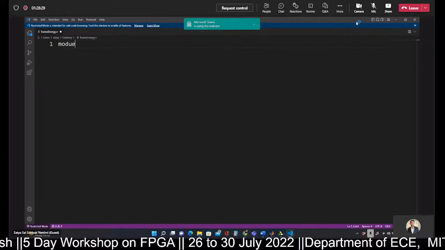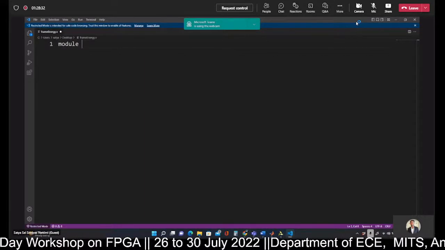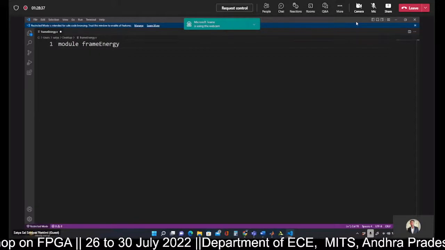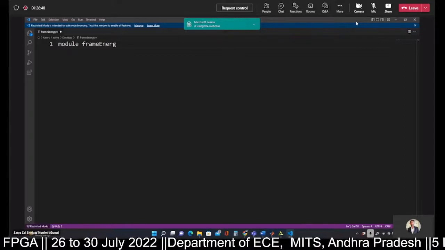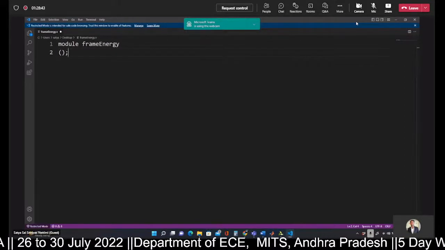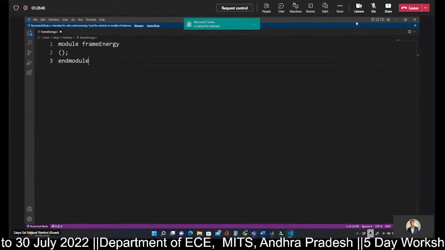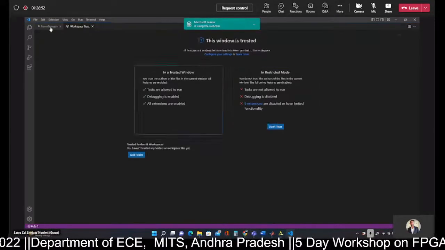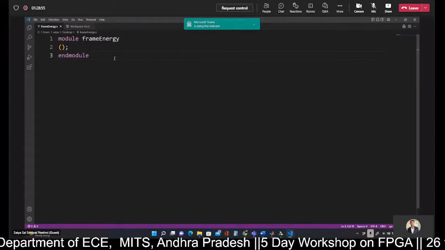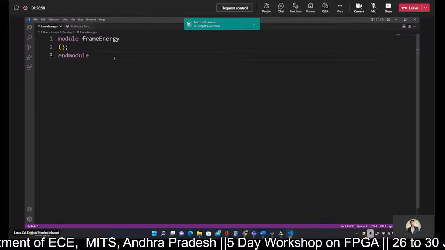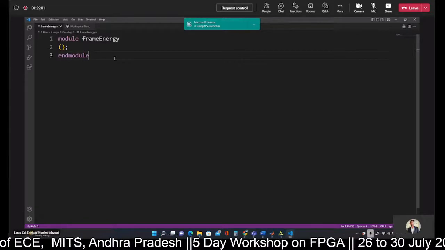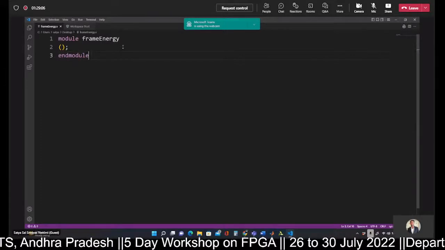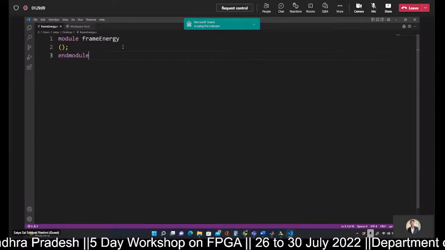For that, I am just opening the text file. We have a keyword called module. I assume everyone has created their empty module file.